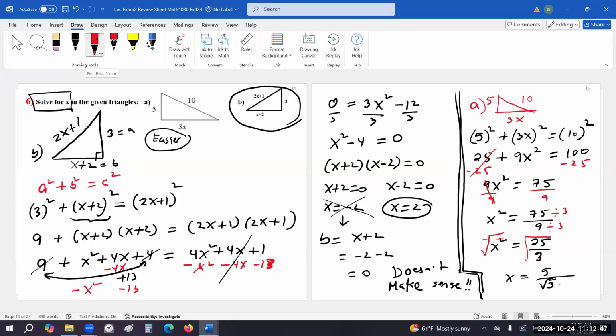So we multiply top and bottom by the square root of 3. That gives us 5 square root of 3 over 3.